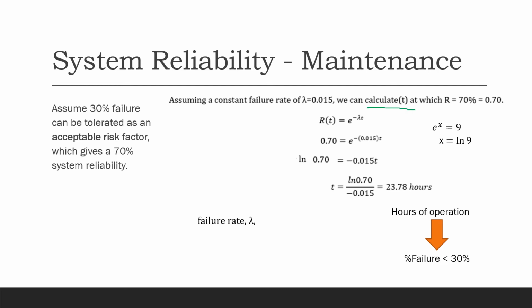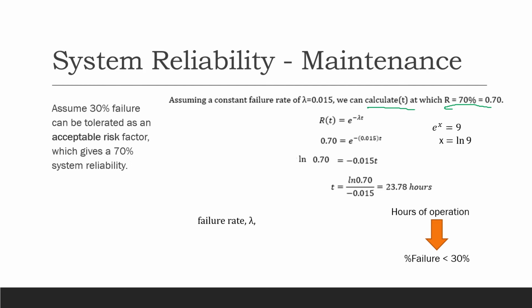What is a safe operation time if we want to keep the system reliable at 70%? How many hours of operation can we do if we want the system running at 70% reliability?